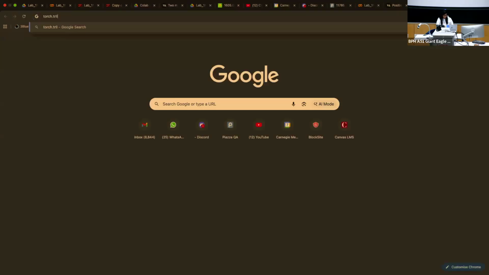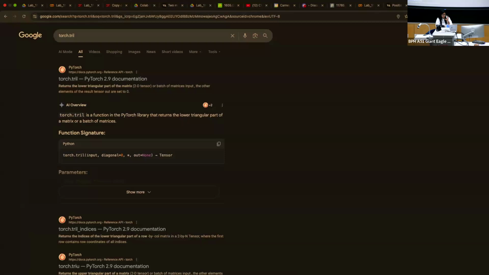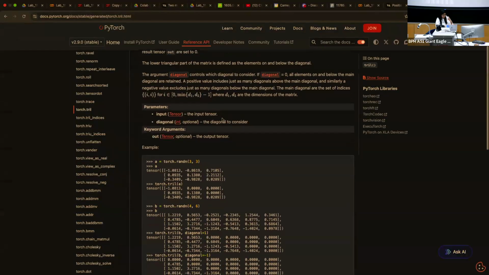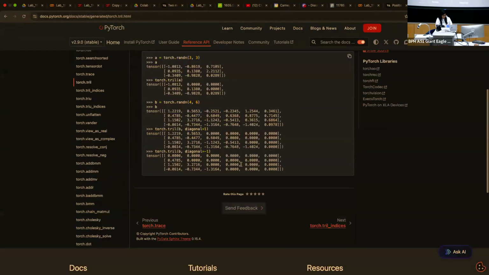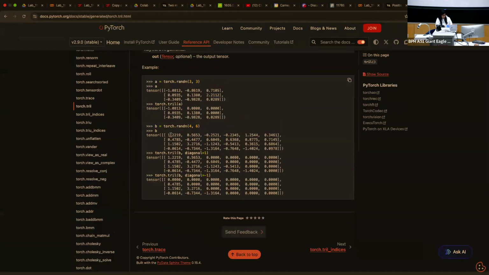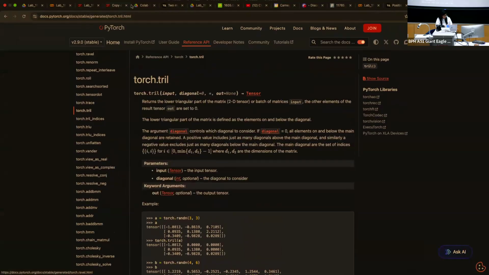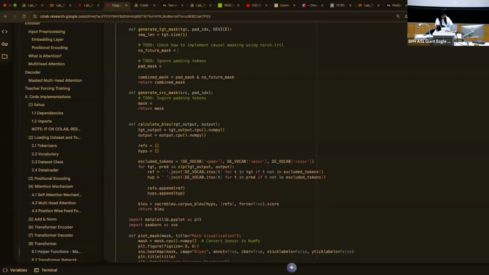I think there are many versions of this, depending on if you want to apply mask in the lower diagonal or the upper triangle of the matrix. So yeah, look at this method. This is what we are using here.